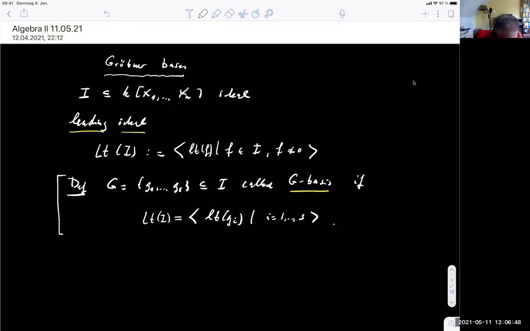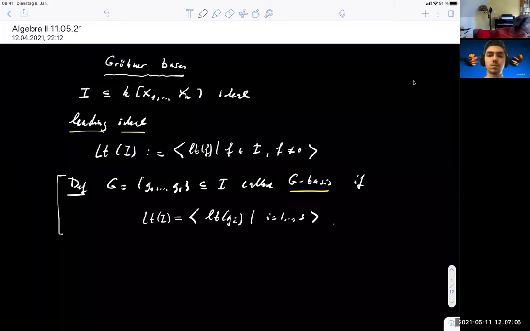So clearly, this is a conceptual definition. It's not a computational definition. It's not clear how we would test whether such a G is a Gröbner basis. Well, we will see how to do that later. For the moment, it's just a definition. And so what we showed, a couple of things.